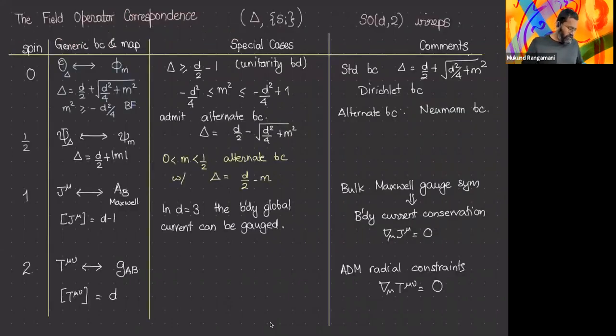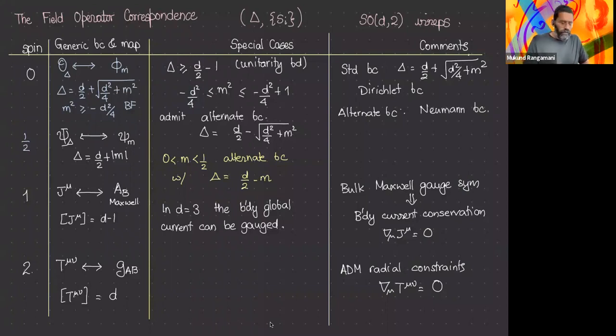All right. So I ended yesterday by trying to fill out this table of the map between boundary conformal operators sitting in representations of the conformal algebra on the boundary of AdS, and fields that are propagating in the bulk.